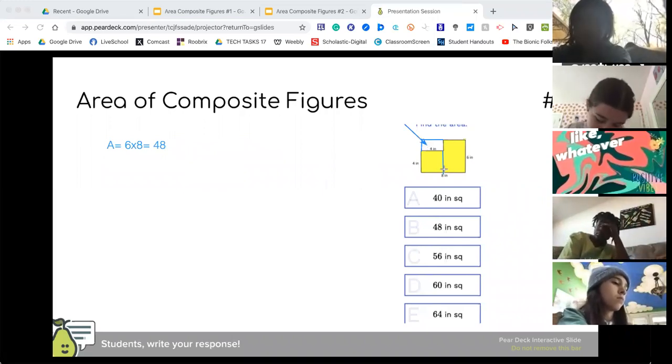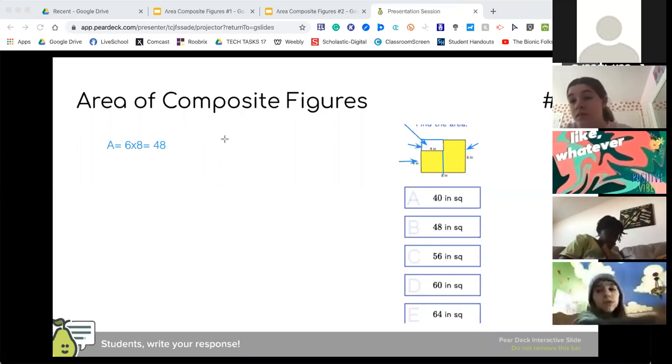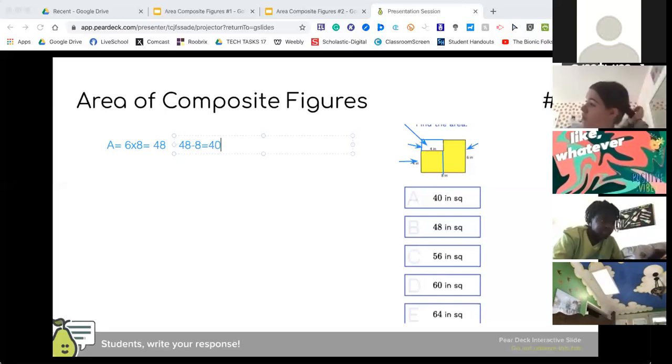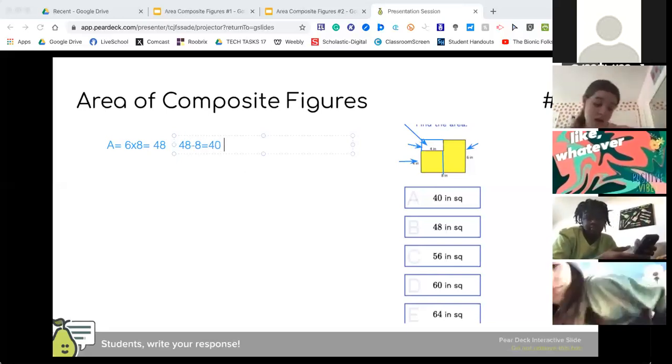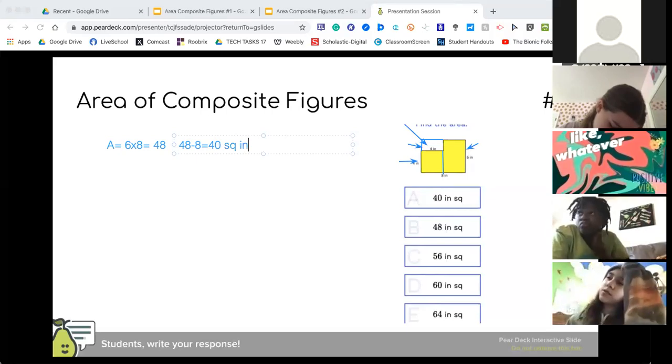The reason I know it's 4 by 2 is because this is 6, this is 4, that makes this part 2, and then 2 times 4 is 8, right? So take away 8: 48 minus 8 equals 40. So the answer would be based on what I just said.